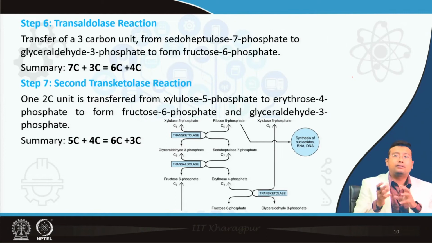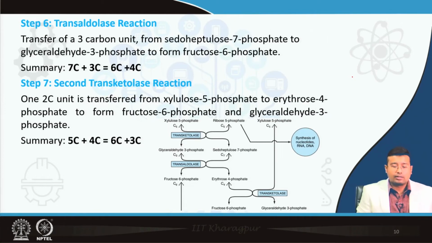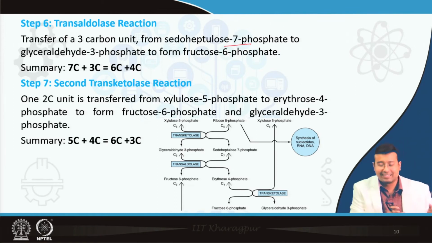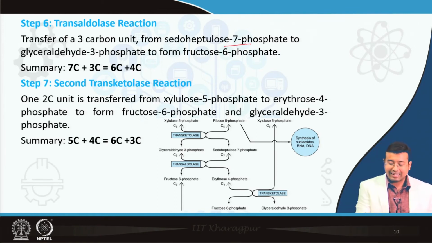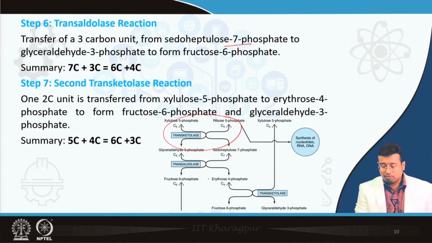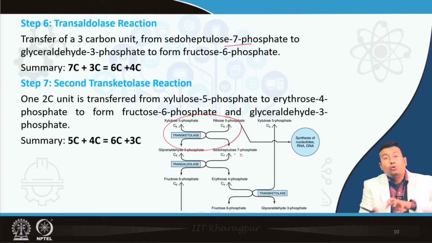So, next what happens? Again there is a shifting of carbon unit, a 3 carbon unit from pseudoheptulose 7-phosphate. Just for the sake of ease, I have excluded the structural layout. So, the transketolase reaction I just explained in the last slide. Okay. So, in the transaldolase reaction, a 3 carbon is getting shifted from pseudoheptulose to glyceraldehyde.